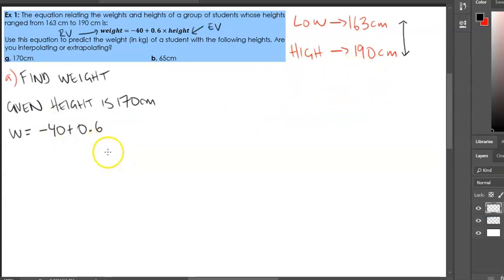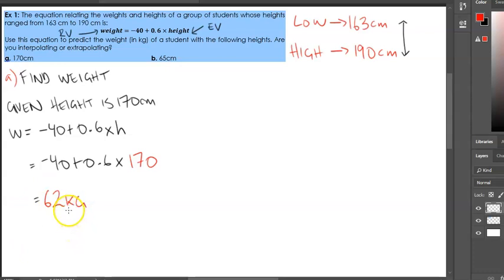So this is equal to -40 plus 0.6 times the height, which I'm going to put as h. So -40 plus 0.6 times whatever our provided height is, in this case 170 centimeters. This ends up being 62 kilograms.